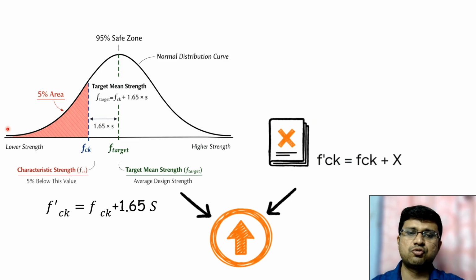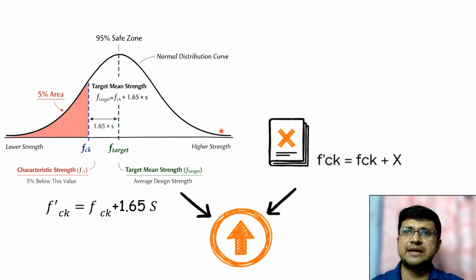Our requirement is that 95% will be more than fck and 5% will be less than fck. For that reason, we target a higher value, known as target mean strength. Normally, concrete strength follows a normal distribution curve, also called a bell-shaped curve.